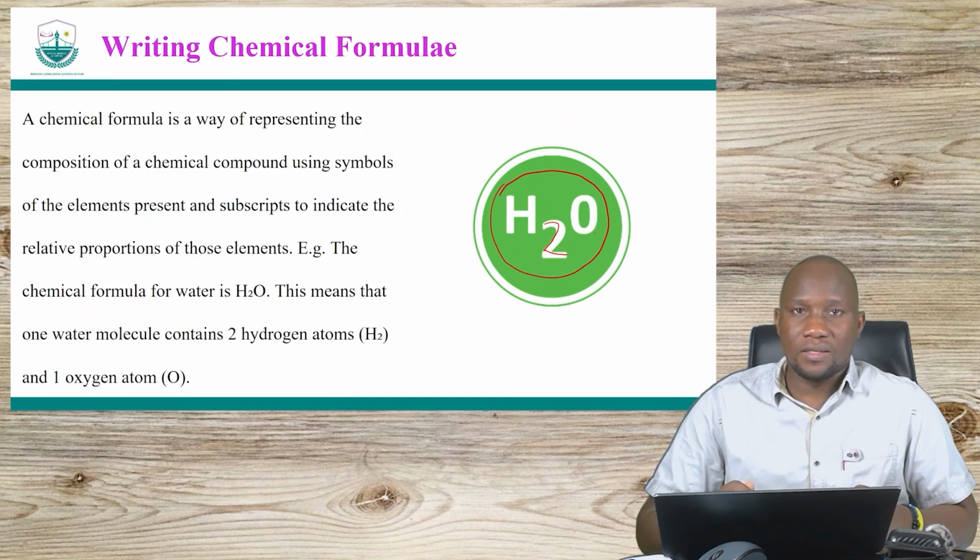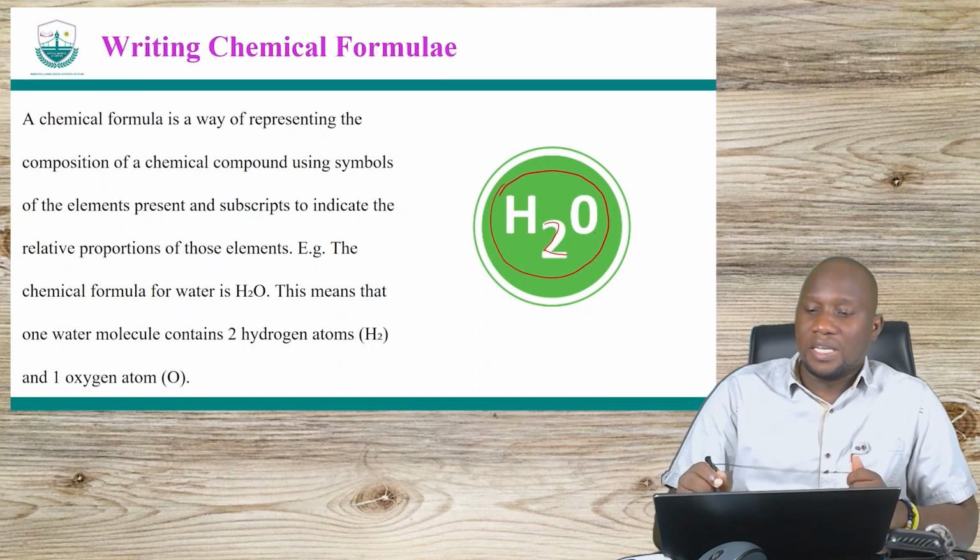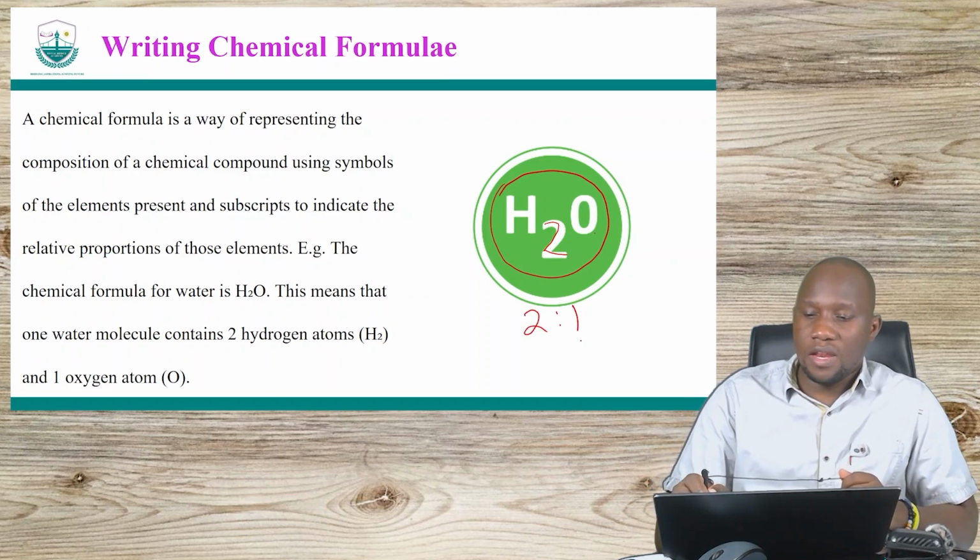Are we together? For you to form 1 molecule of water, for every oxygen atom that you have, you need to have 2 hydrogen atoms. So this is basically telling you that you have 2 to 1.